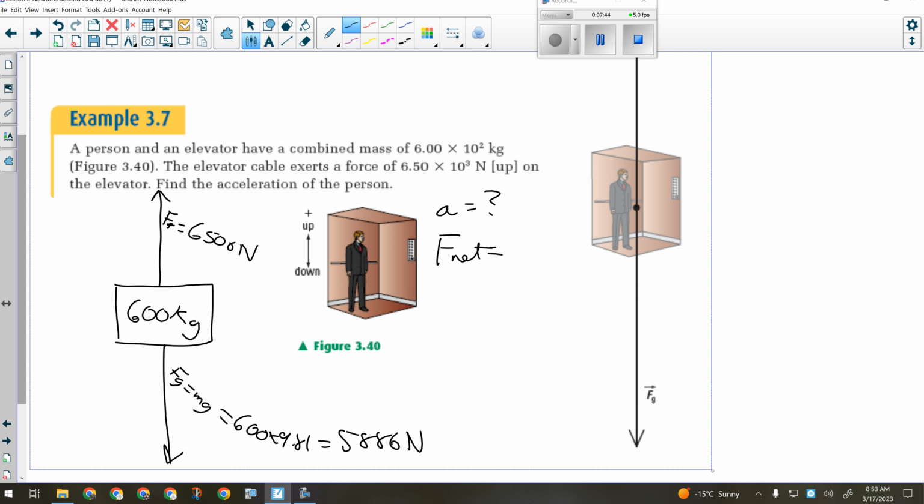I would subtract the force of gravity from the upward force, or add them and make that negative, whichever. So 6,500 minus 5,886 should give me 614 newtons. So I've got 614 newtons as my net force.